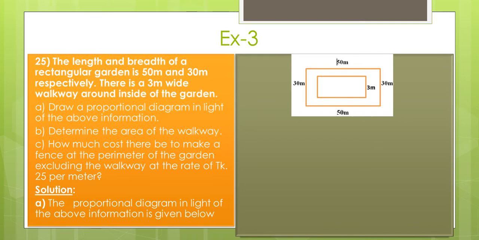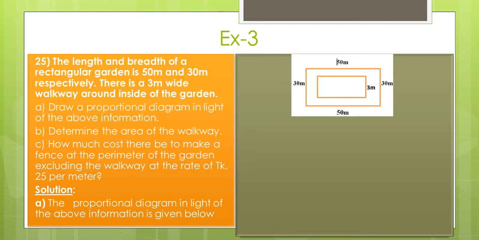Just this is a rectangular shaped garden and the length is 50 meter and the breadth is 30 meter and there is a 3 meter wide walkway inside of the garden. We have to draw the figure proportionally. So the next question, determine the area of the walkway.